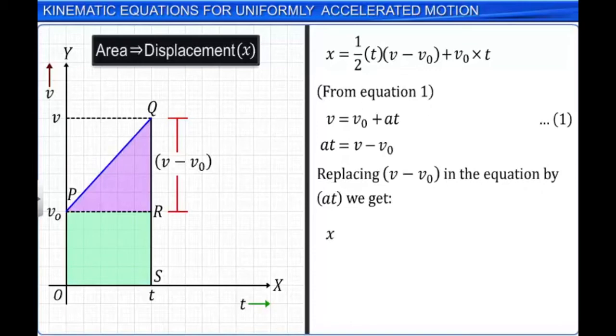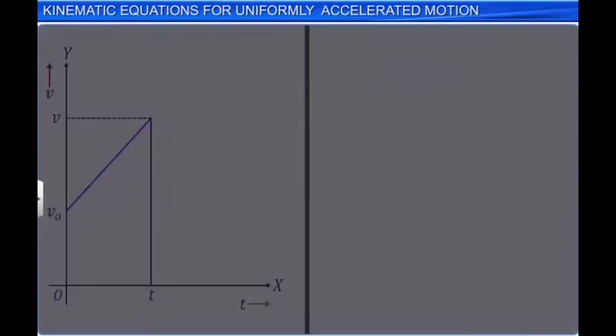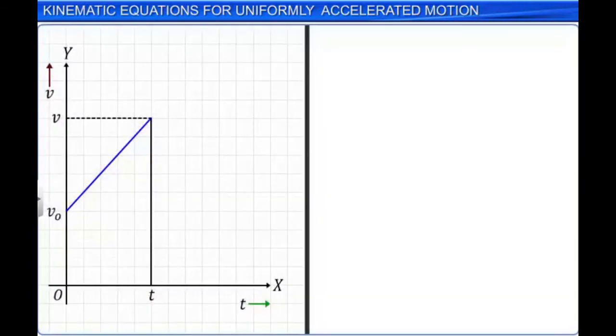The third equation is the relation between initial velocity v0, final velocity v, acceleration a, and displacement x. The average velocity of a body, v', is half the sum of v and v0, where acceleration is constant. We know that displacement is the product of average velocity and time.